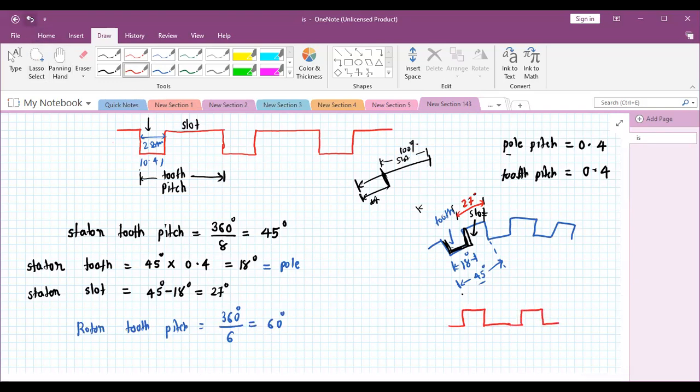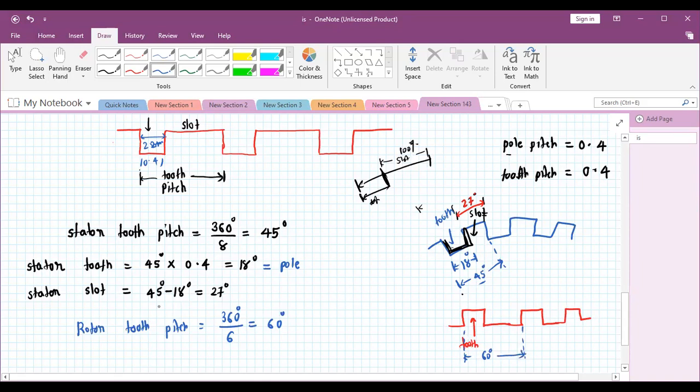Just a second, here the tooth is on the outer side. Now, what is the meaning of 60 degrees over here? From here to here, it is called 60 degrees.